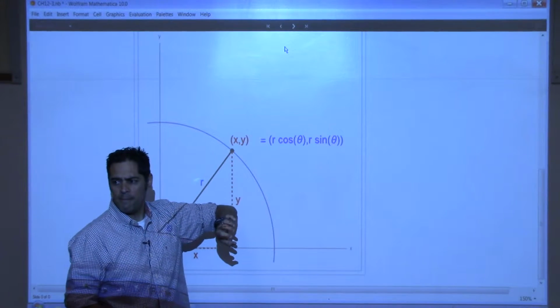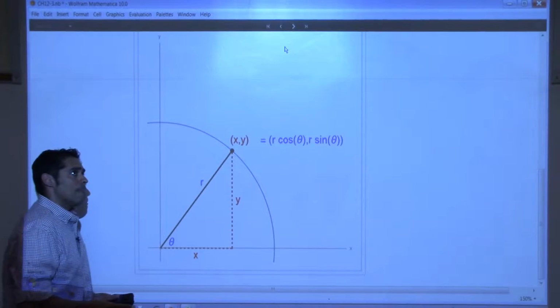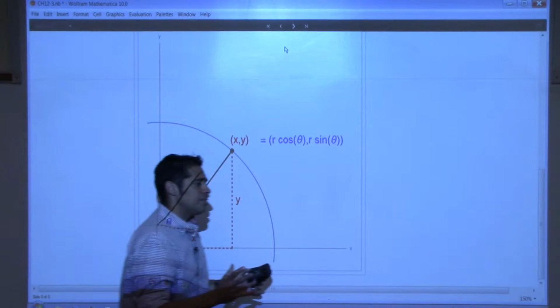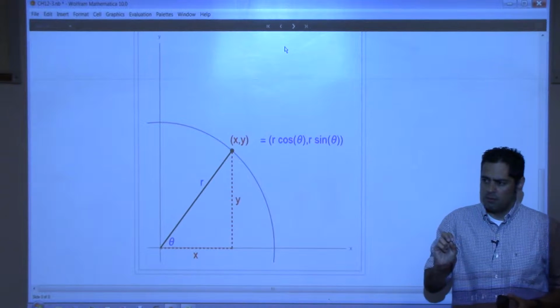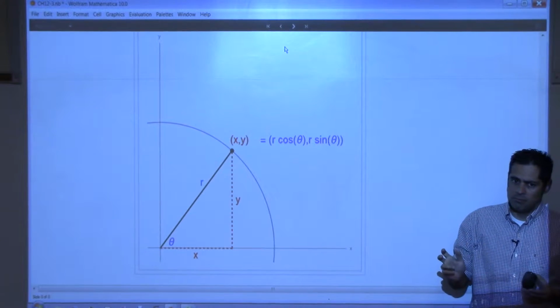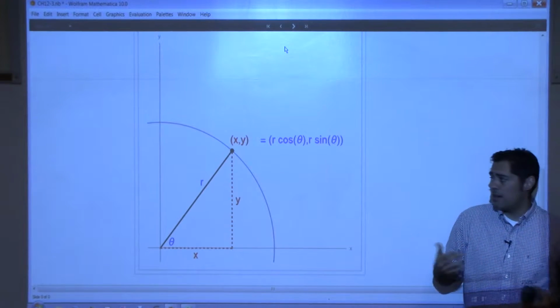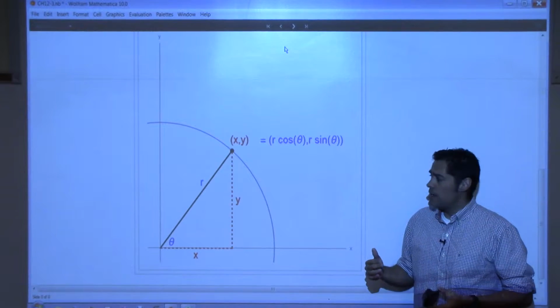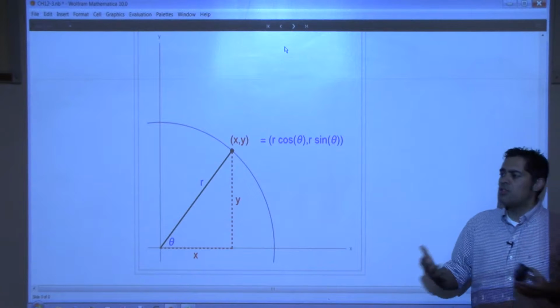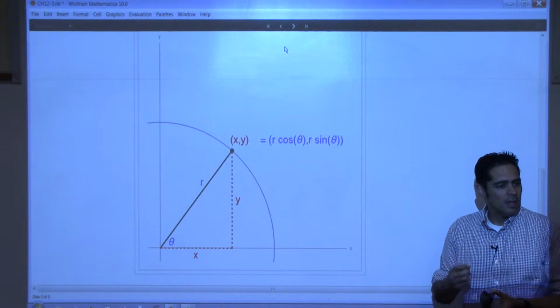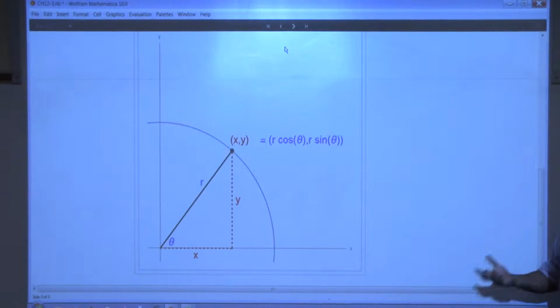Remember that from pre-cal? So in the polar coordinate system, in order to define a point, you still need two things, right? What are they? Theta and r. You give me theta and r, I'll tell you where I'm going to be. You give me x and y, I'll tell you where I'm going to be. So both Cartesian and polar require two inputs, but those inputs have different meaning. Questions?